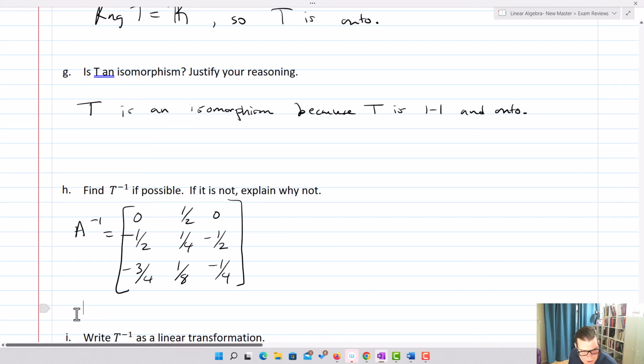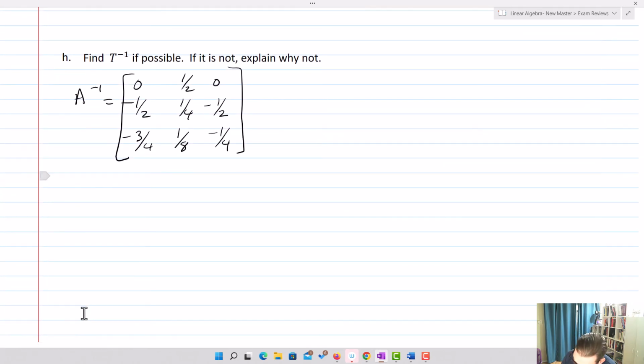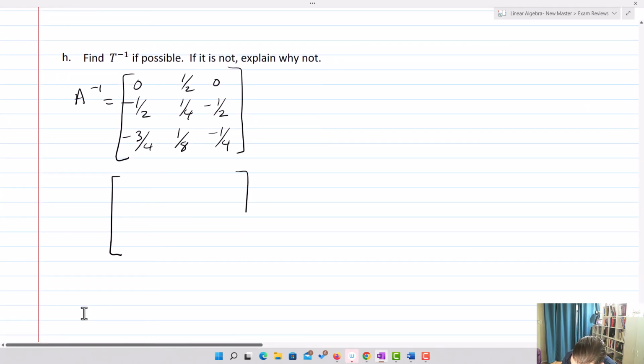And so there's A inverse, and just like we did in the last one where we found the transformation, I'm going to multiply A inverse by A, B, and C.